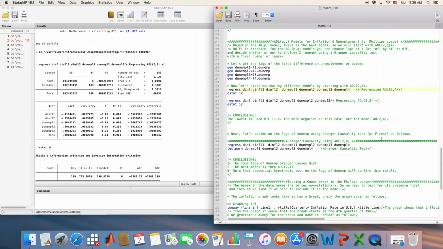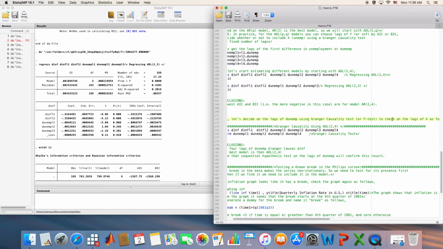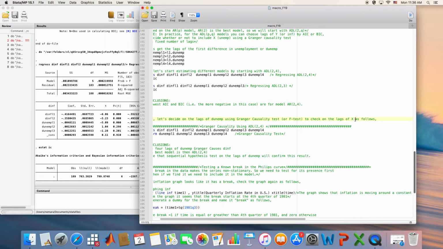We can also, and this is another option that is done in practice, use the Granger causality test or the F test as follows, to check on the lags of X, in our case the lags of unemployment.